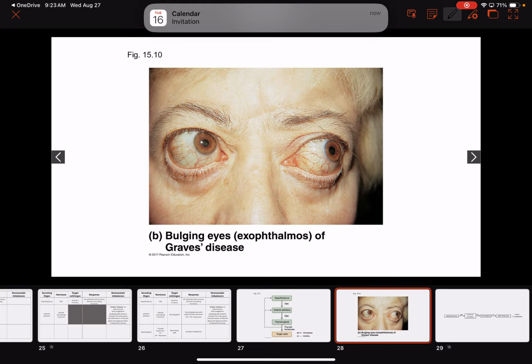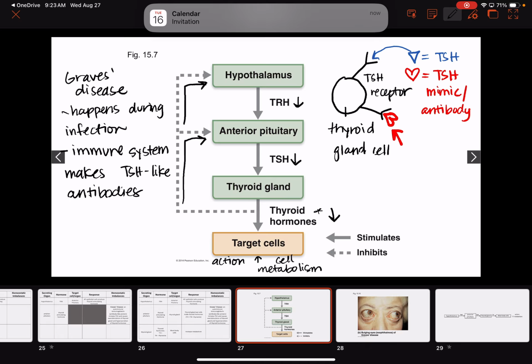And so in this case with Graves' disease, you may see really low TSH levels because of this negative feedback loop, but thyroid hormone levels are still really high. Okay? You don't have the normal trigger, but you have this mimic trigger that's still causing a release of thyroid hormone, even though TSH levels are very low.